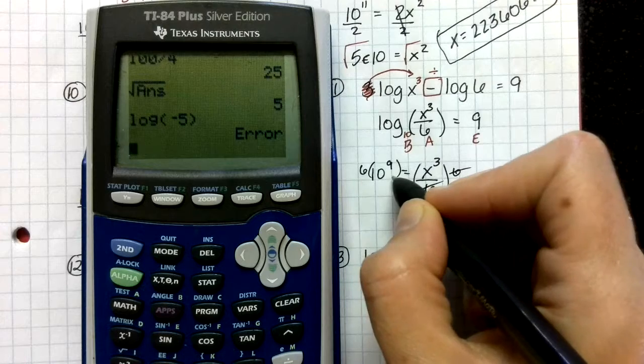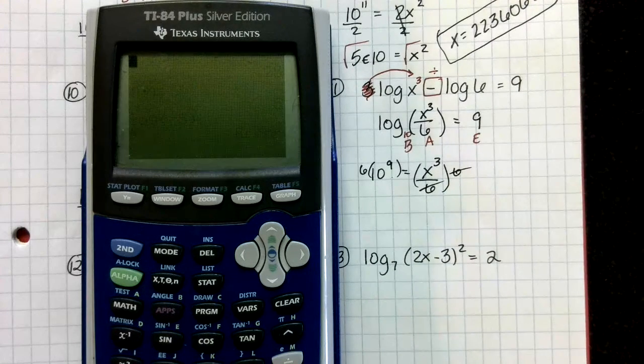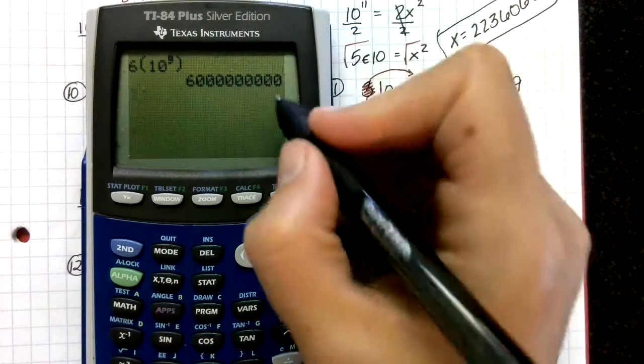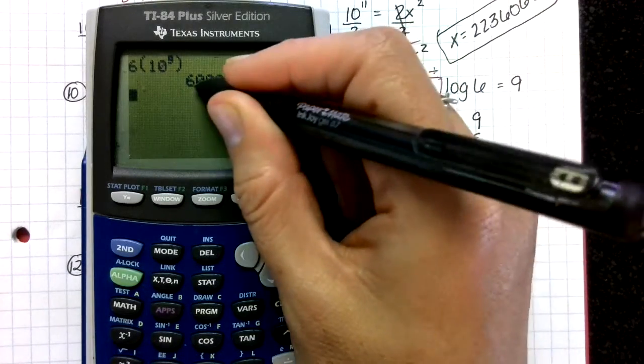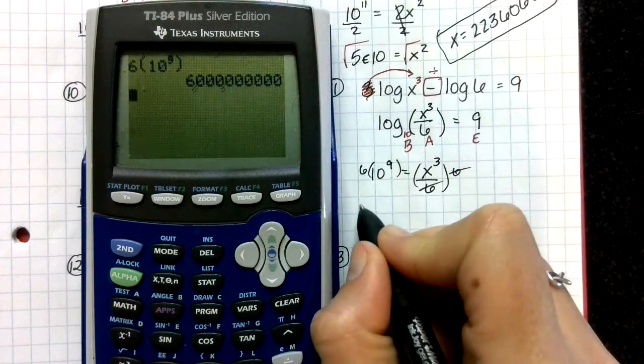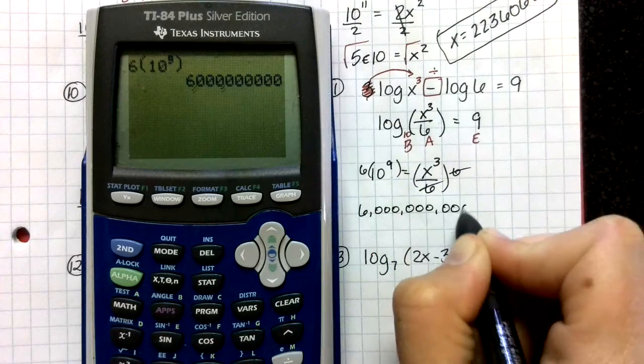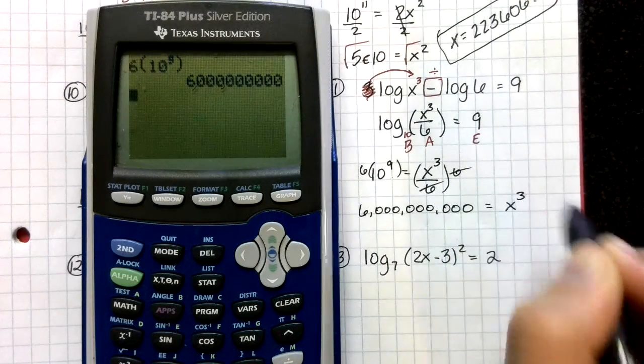And because this is going to be a huge number, just do as much as you can in your calculator. So 6 times 10 to the power of 9. We get a huge number. Let's see, this is going to be 6 billion. And this is equal to x cubed.